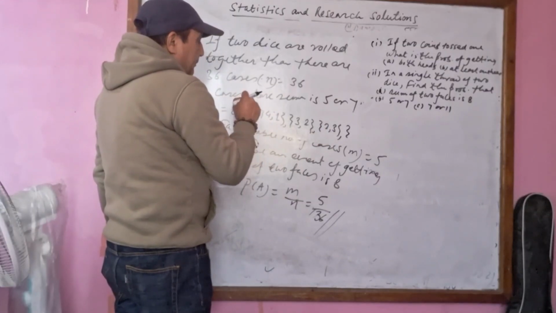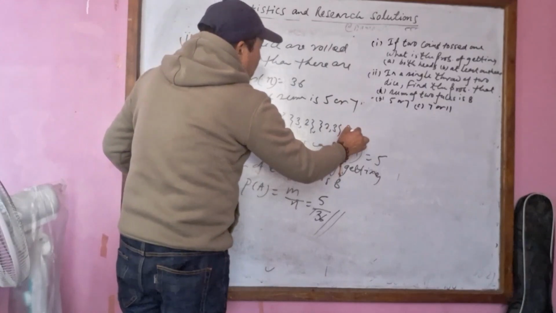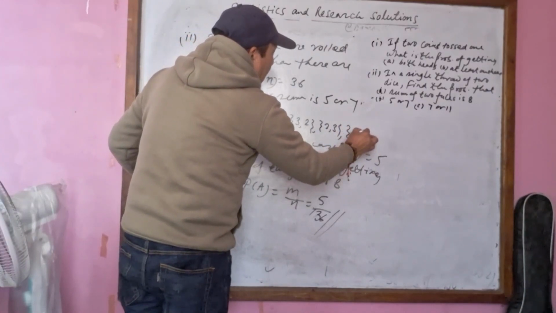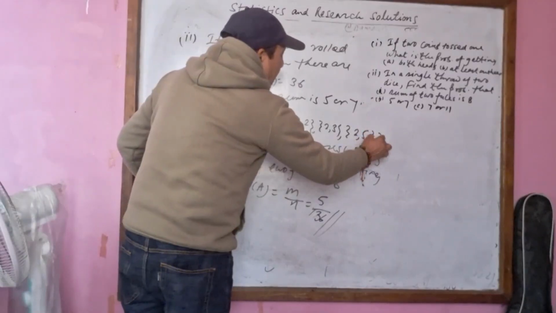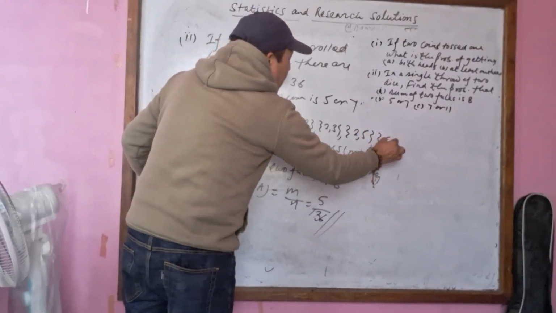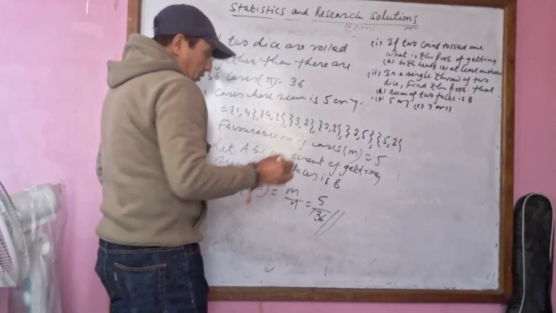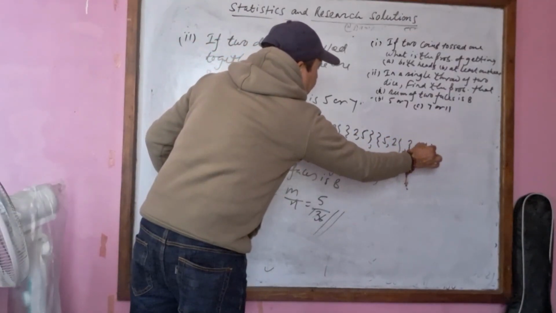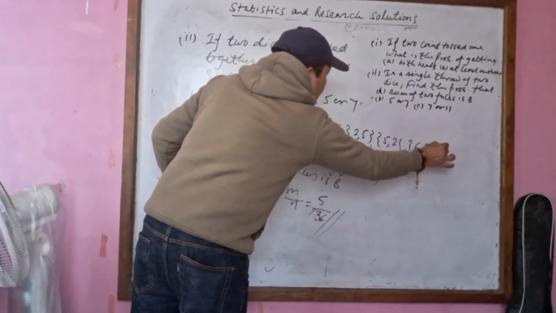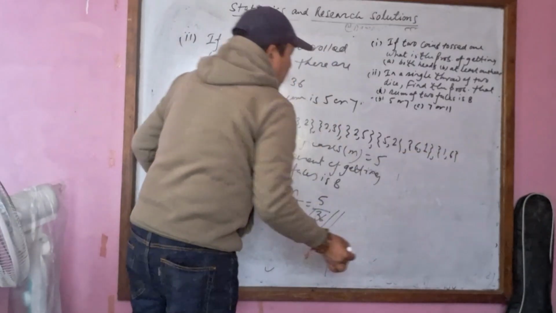And next, you have 7. 2 and 5, 5 and 2. Next, 6 and 1, 1 and 6.